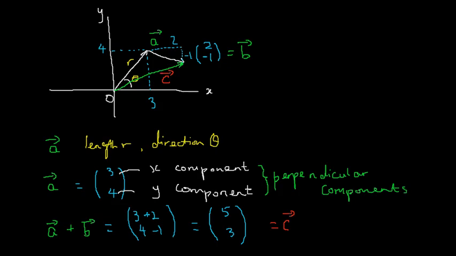So perpendicular components are really useful, as you've seen. If we know the perpendicular components for A and B, we have just seen that we can simply add the separate components and get the final answer if we want to add two vectors.